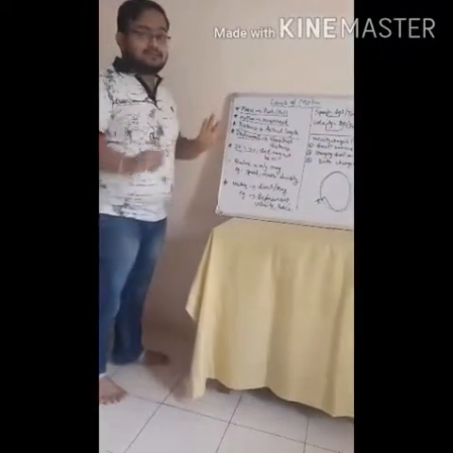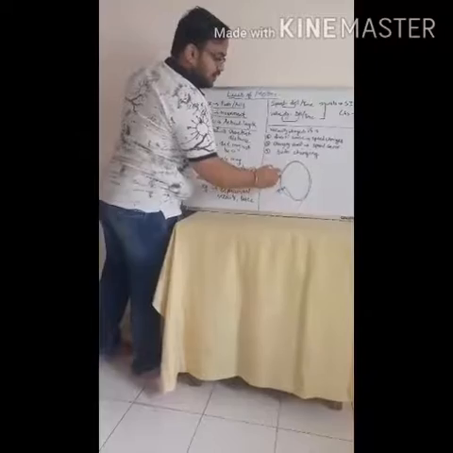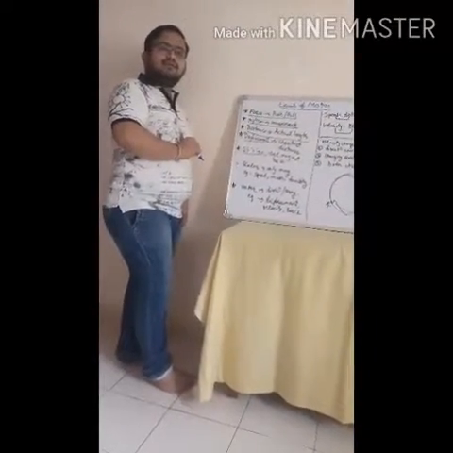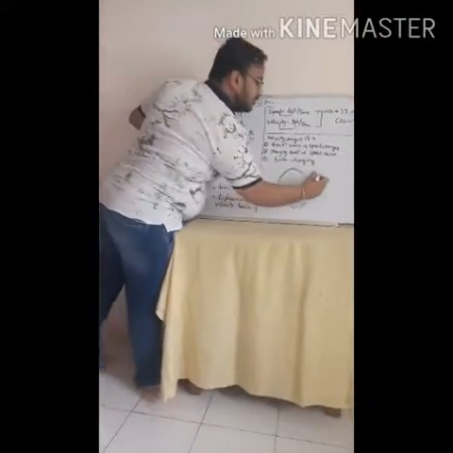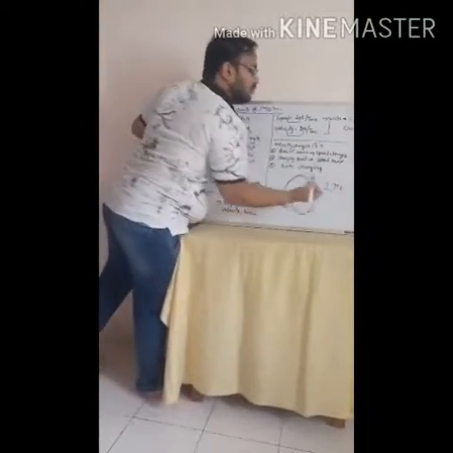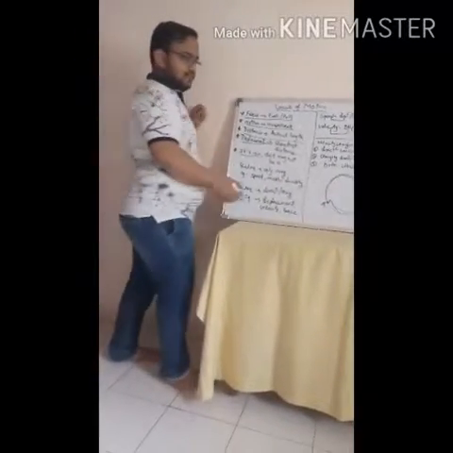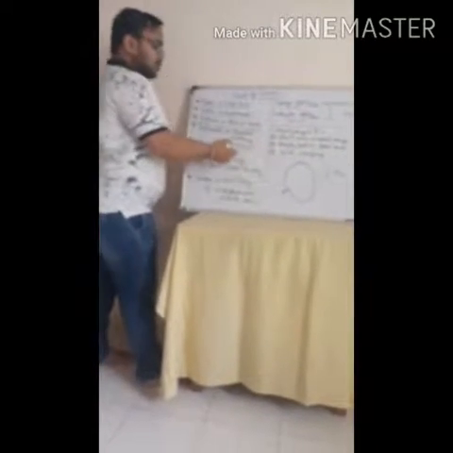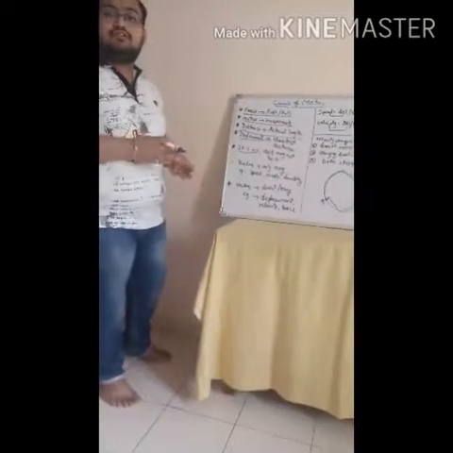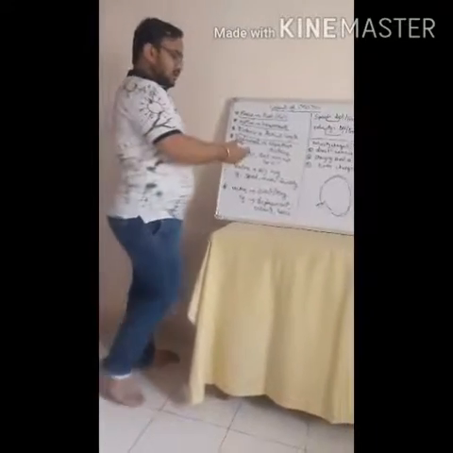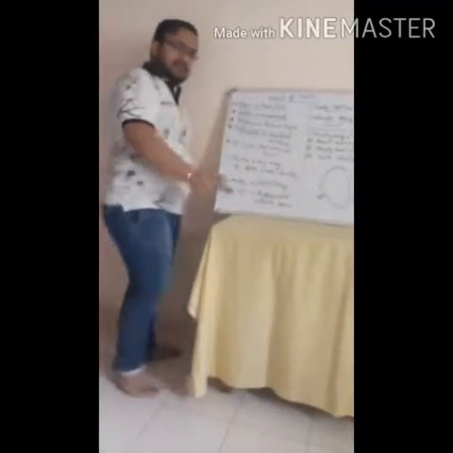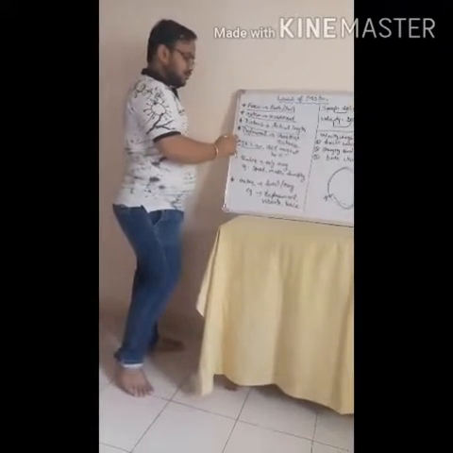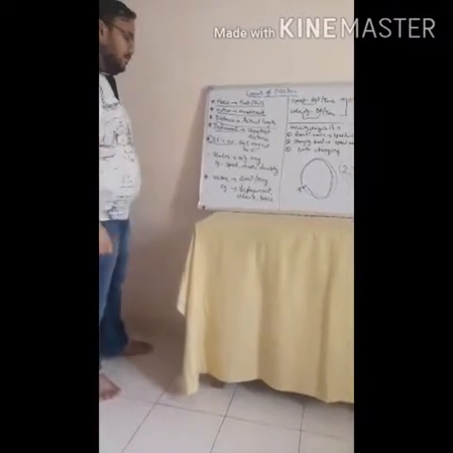But the distance will be the circumference of this circle. What is the formula to find circumference? 2 pi r. We can find the radius and from that we can find the circumference. So even if the displacement is 0, distance may not be 0. There is no need that if displacement is 0, distance should be 0. That is the main point which is important for you to understand.